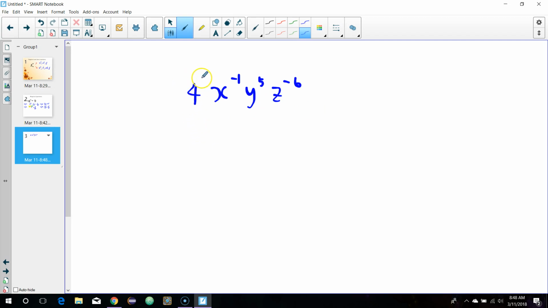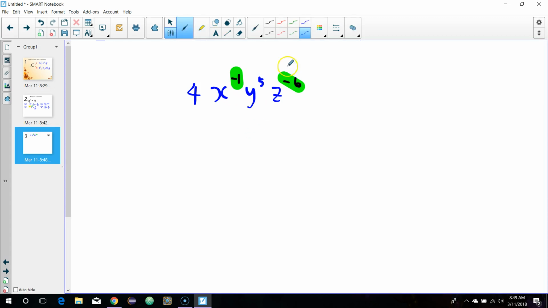Do I have a negative power? No. So that's going to stay. X with the negative power, I have to move this. Y to the power of 5, I do not have a negative power. This item is going to stay. Z to the power of negative 6, that is going to change. So before you dive in, that's what I would do. If I look at the answer, I notice that, oh, okay, those are the negative exponents. I'm going to move them.